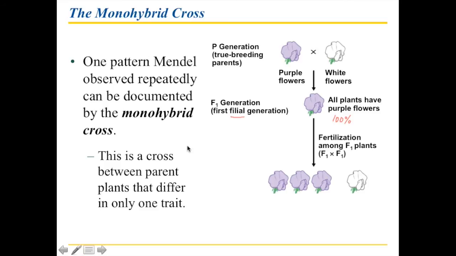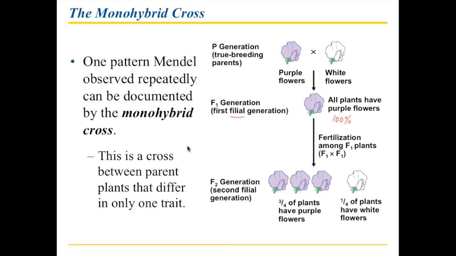Now, what Mendel did is then he took those F1 plants and fertilized them with each other. So now you take purple flowers that he knew were part of this first filial generation and mated them together, and you end up with the second filial generation. And the second filial generation was remarkable because suddenly the white reappeared.